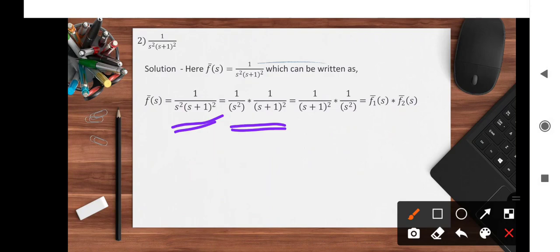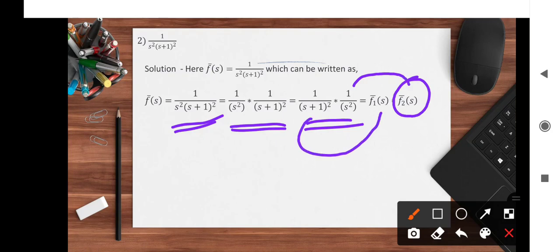So the same term can be written as 1 upon (s plus 1) bracket square into 1 upon s square. Why have I applied here the commutativity property of multiplication? Because I want the f2 bar of s simpler than the f1 bar of s.